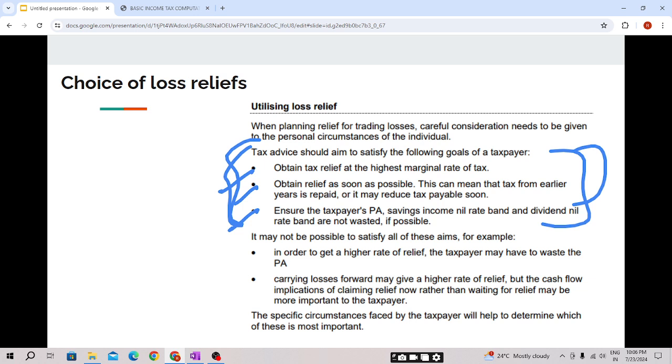So we need to think as a tax advisor how much tax we can possibly save. The more tax we can save, the more benefit to the taxpayer. So the loss relief needs to be claimed with a view to saving as much tax as possible. This is the simple rule, students.